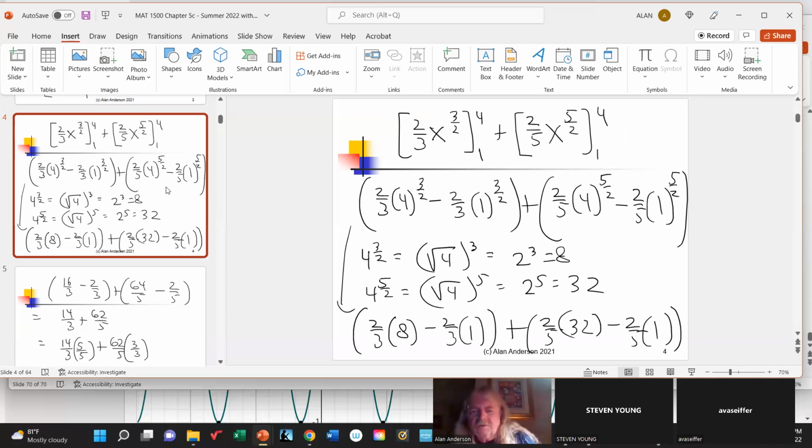Let me just double check one thing. 4 to the 3/2 power, I'm going to double check that. That's fine. 4 to the 5/2 power. That's fine.